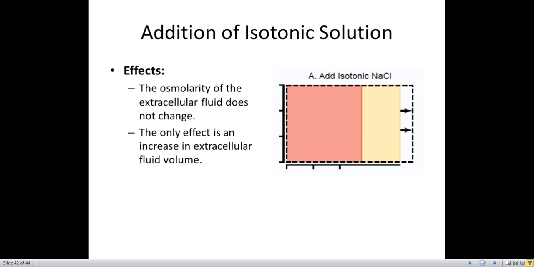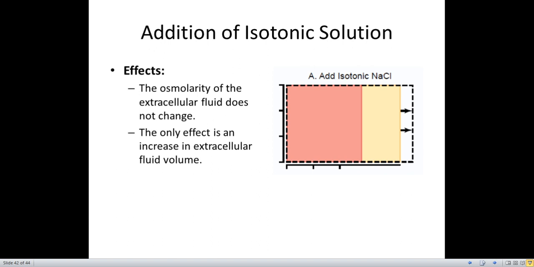Effects of addition of isotonic solution: the osmolarity of the extracellular fluid does not change. The only effect is an increase in extracellular fluid volume.